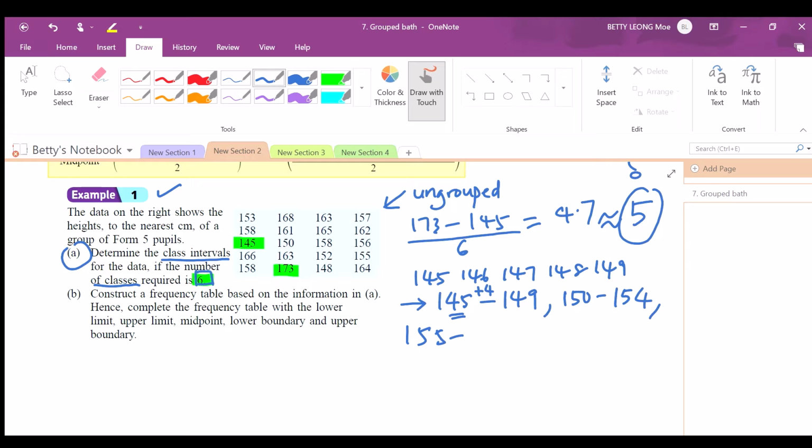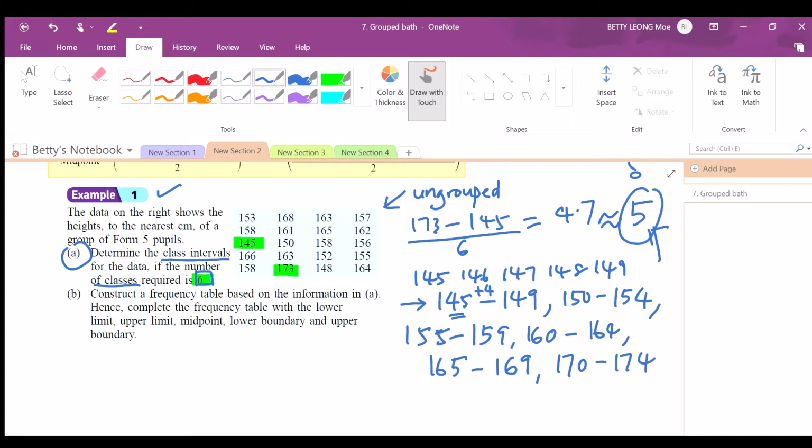So I can see the pattern and just add 4: 160 to 164, then 165 to 169, then 170 to 174.